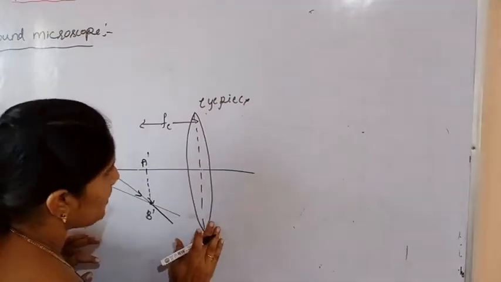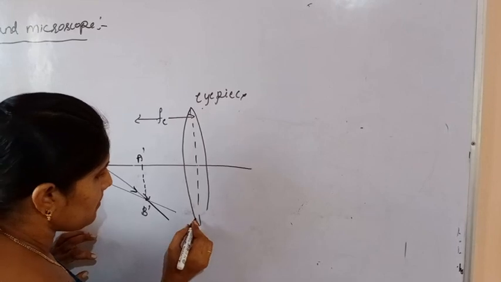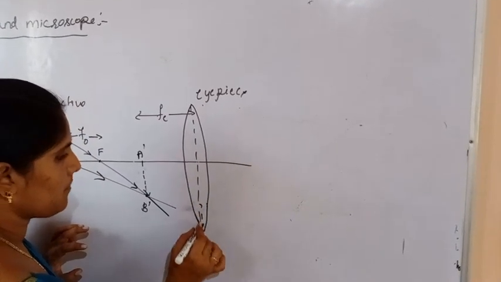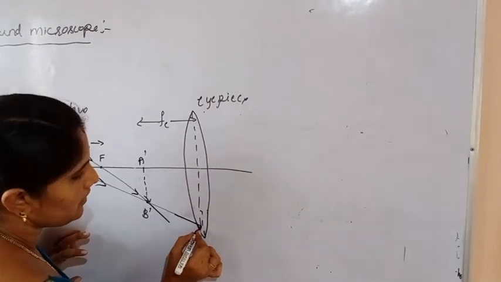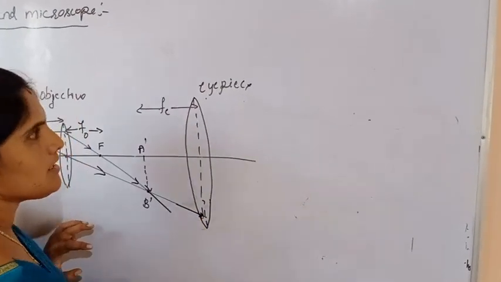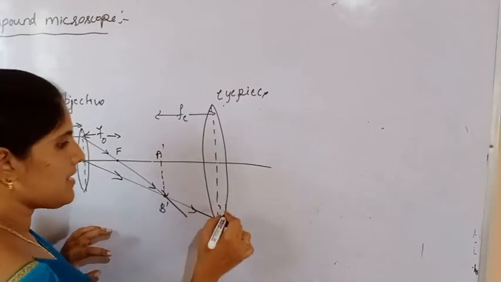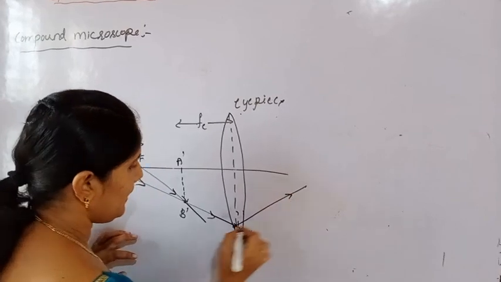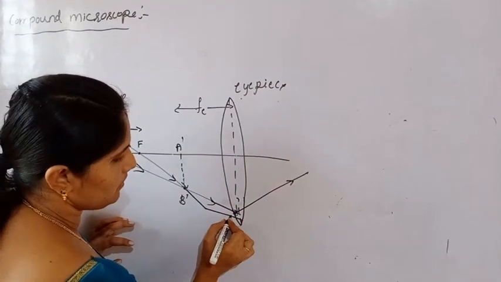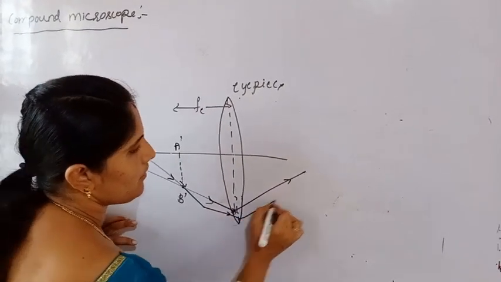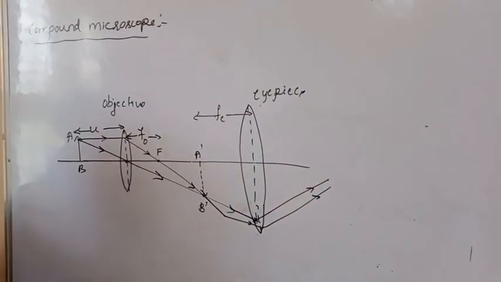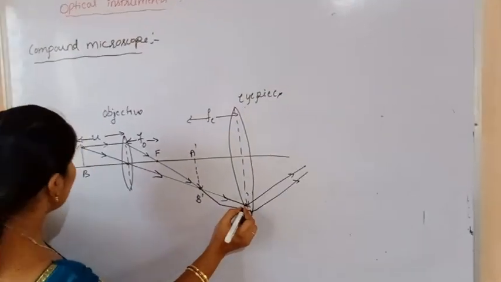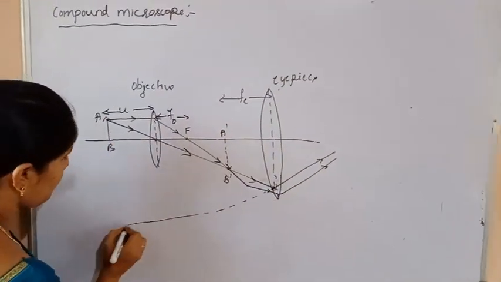So after refraction, these rays are incident on this eyepiece, and they get refracted like this. For an observer seeing these rays, they appear to meet at this point.